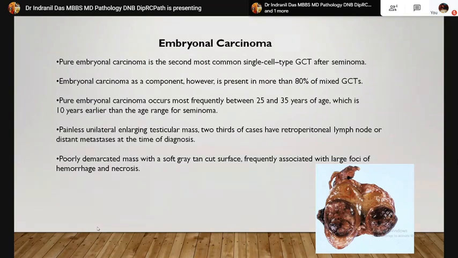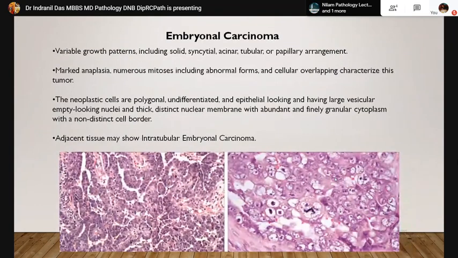Grossly, they appear as a poorly demarcated mass with soft gray tan cut surface, frequently associated with larger foci of hemorrhage and necrosis. On microscopic examination, there is variable growth pattern, including solid, syncytial, acinar, tubular, or papillary pattern of growth.